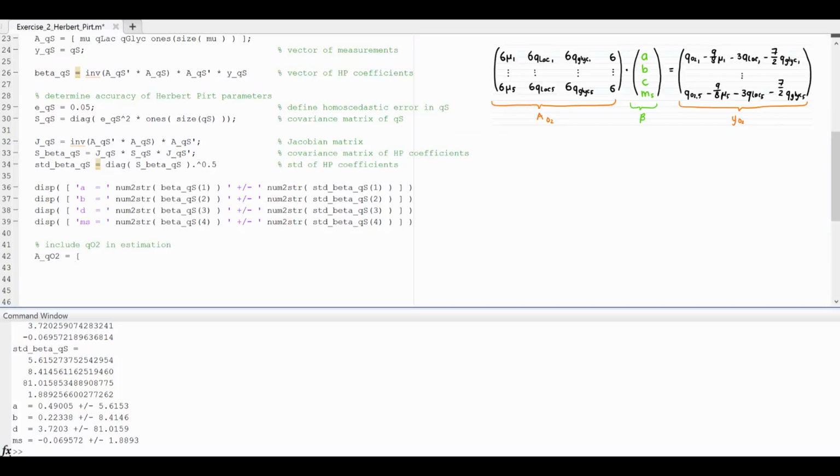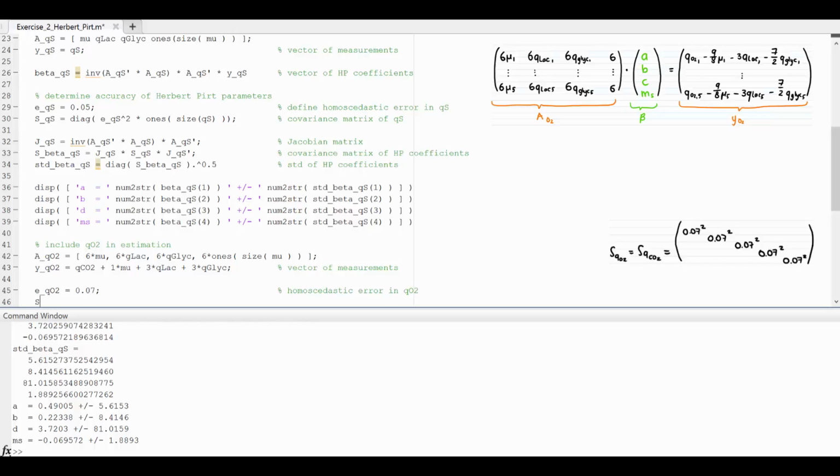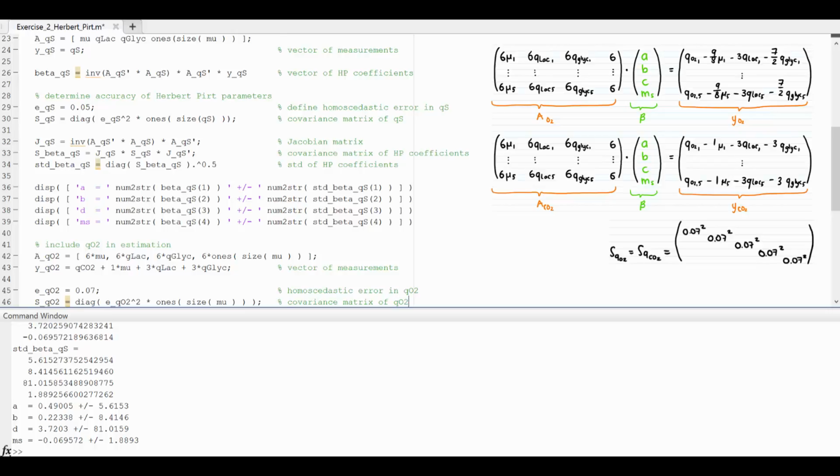So let's first define the A matrix for the oxygen measurements according to the stoichiometry, and the Y vector as well. Now we can define the homoscedastic error of 0.07 and define the covariance matrix of QO2. Let's do the same for CO2.